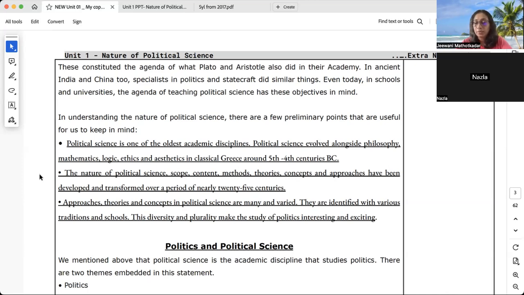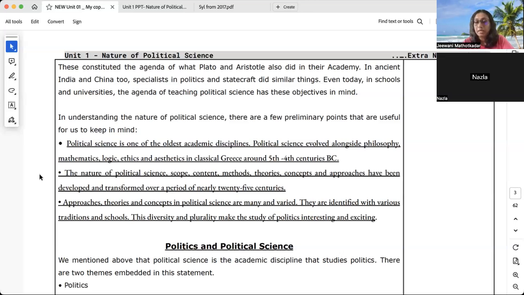Various approaches, methods and theories have been added to political science and are still being added. Approaches, theories, and concepts in political science are many. In this lesson also, we are going to learn about 8 approaches, and they are varied and different.